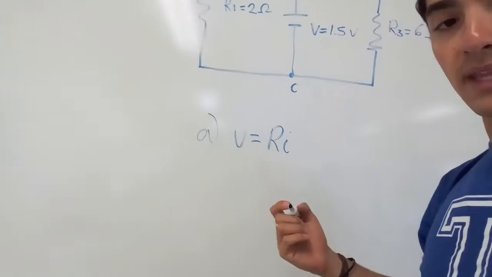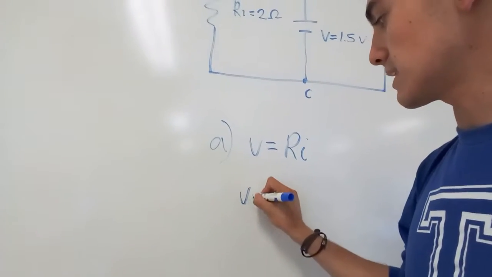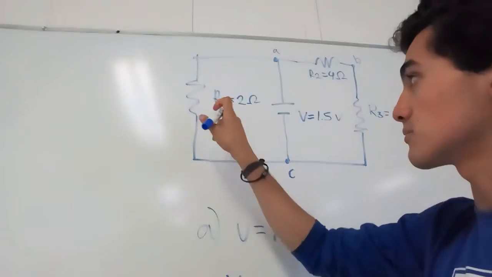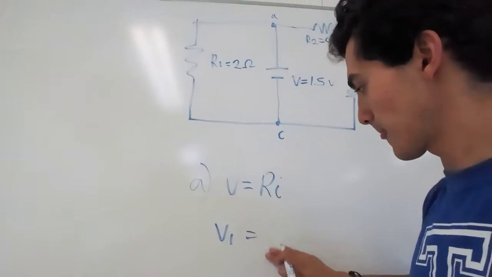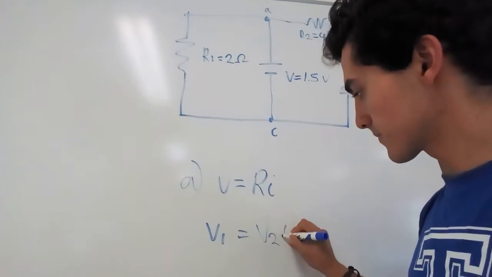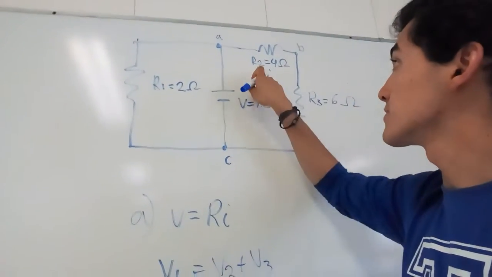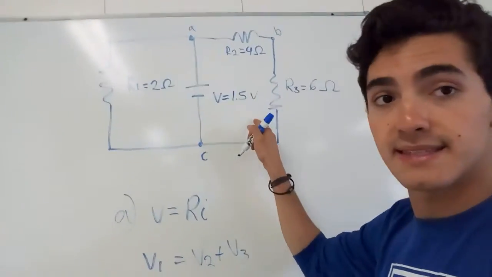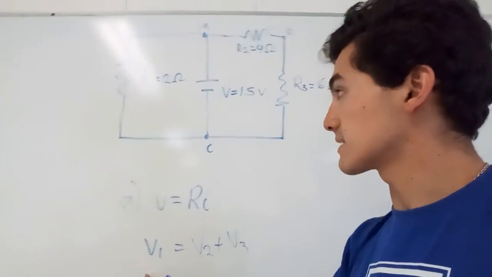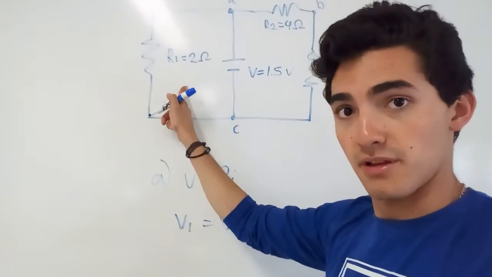So we can determine that the voltage here, that is voltage 1, will be equal to the sum of the voltage in 2 and the voltage in 3, because these have to be summed in series in order to be connected to the other one that is in parallel.